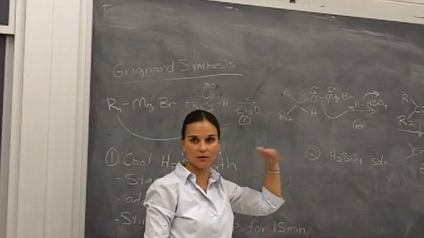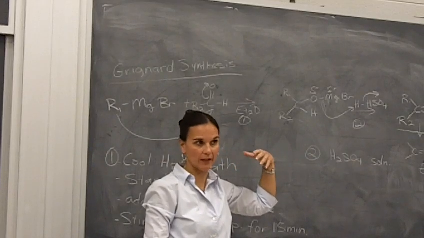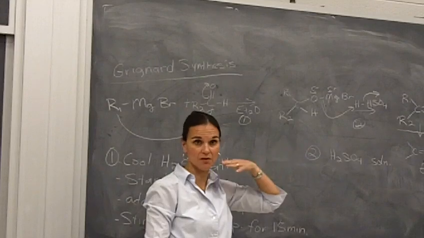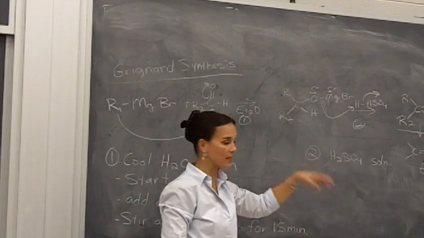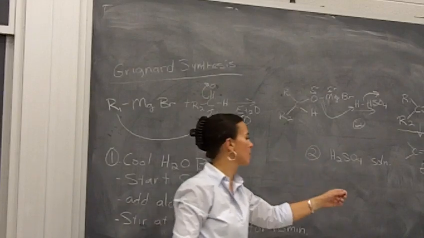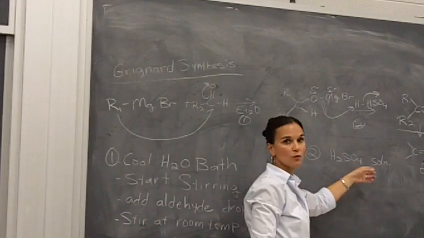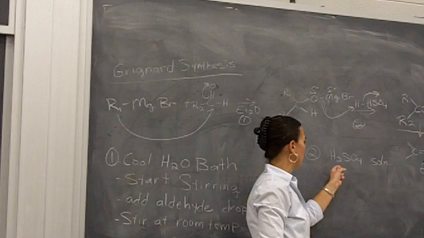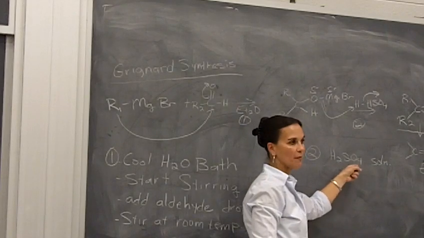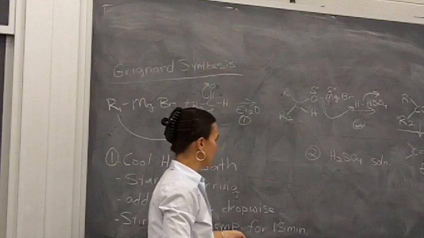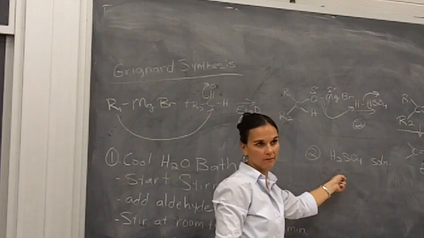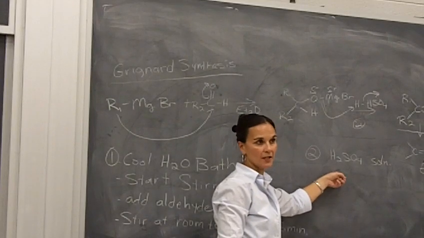It's only half diluted from 18 molar concentrated, so it's just the concentration cut in half, all right? So be careful with it, handle it with gloves, do not get it on you, do not spill it. But your lab manual gives you instructions for making this sulfuric acid solution. While you're stirring for the 15 minutes, get the solution made, okay? And have it ready to go.